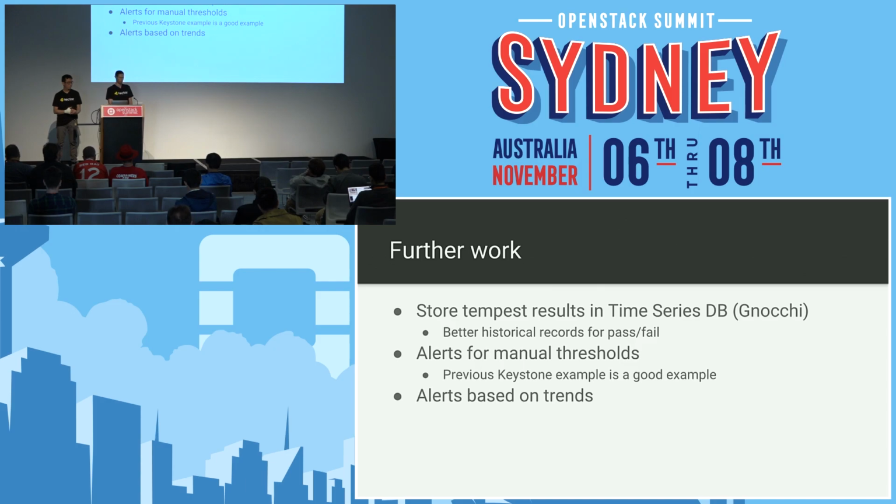And then to extend on that, we'd really like smarter alerts based on trends. If a service has had a response time of 5 seconds and it did go up to 10, if it did have a sudden spike, we'd be alerted based on that rather than having to define manual thresholds. But that's a wish list thing, really.